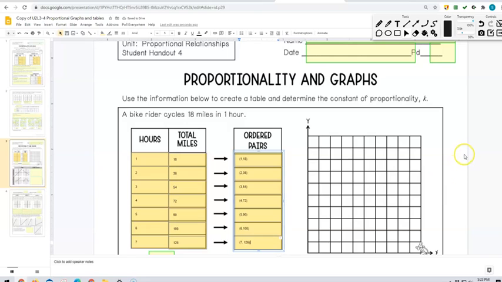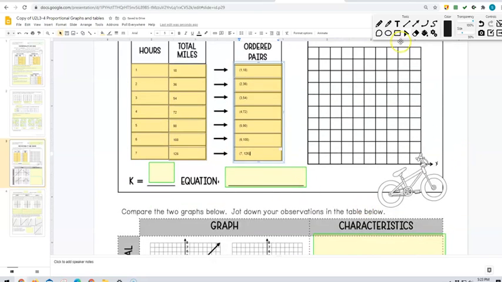So clearly we're going to go by ones along this axis. So we can think of, let me grab a text box here, 0, 1, 2, 3, 4, 5, 6, 7, 8.